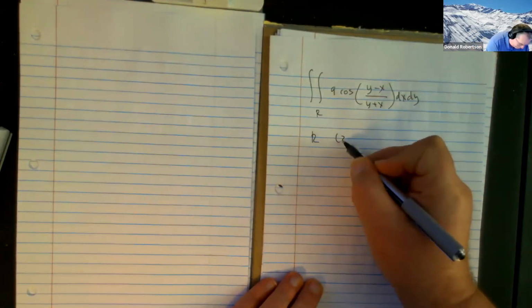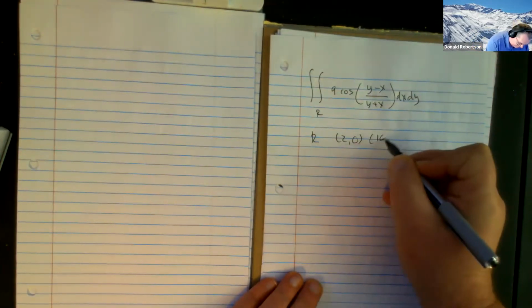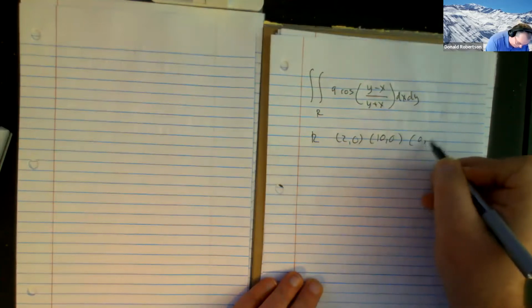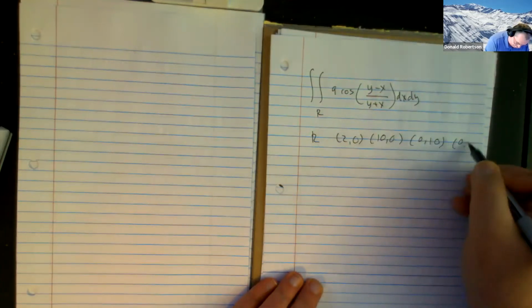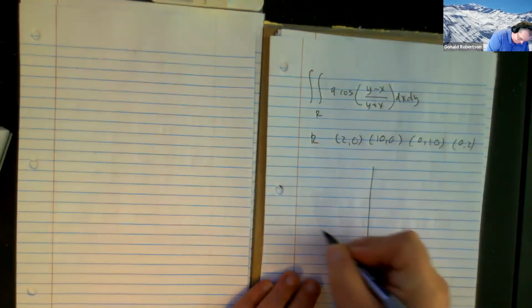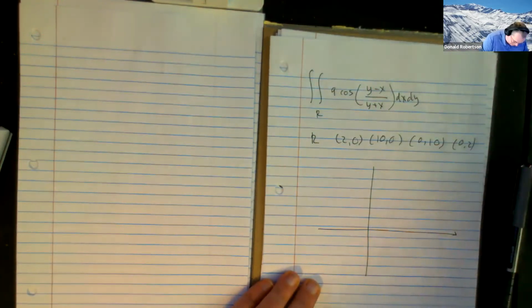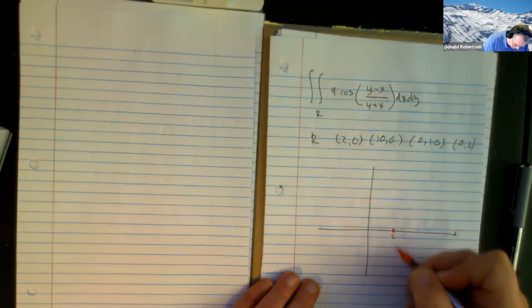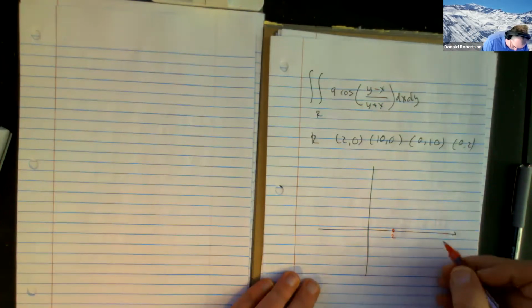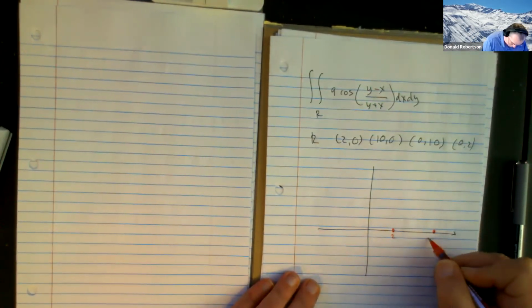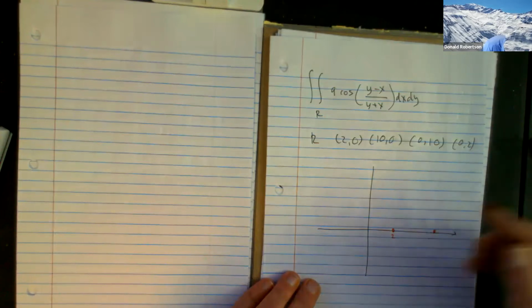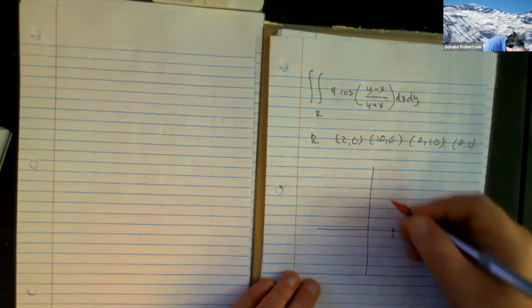And R is all these points joined up. So 2, 0. There you go. 10, 0. Not 10, 0. 0, 10.